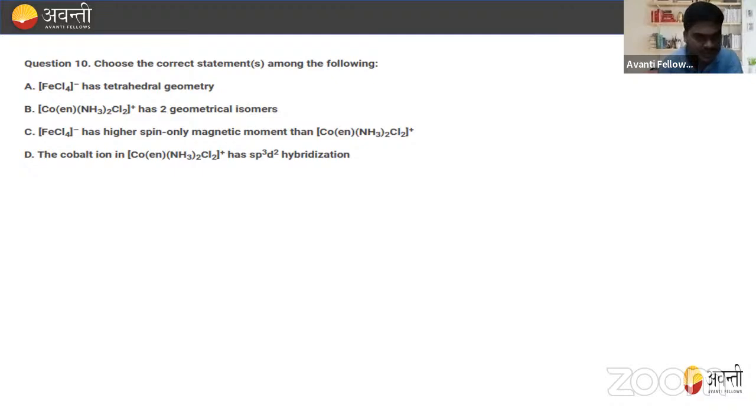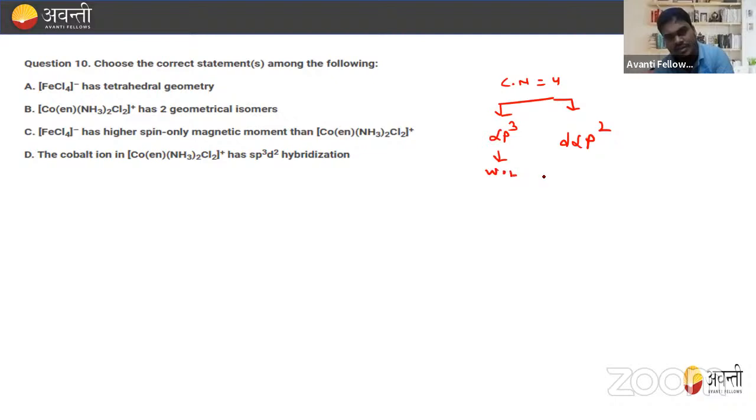FeCl4 has a tetrahedral geometry. So yeah, this is absolutely correct, because in coordination number 4 we have two different shapes, just like coordination number 6. It will be either sp3 or dsp2. So when will it be sp3? When the weak ligand is present. And when the strong ligand is present, it will be dsp2. Right.